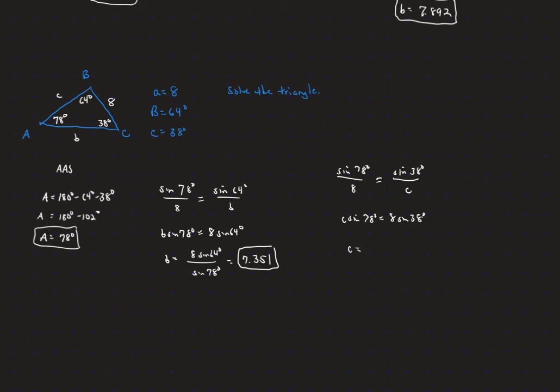So C will be 8 sine of 38 degrees over sine of 78 degrees. Going to our calculator, 8 sine of 38 divided by the sine of 78 is going to be 5.035. And so we have solved the triangle because we have found the missing side lengths. Okay, that's law of sines. Very good.